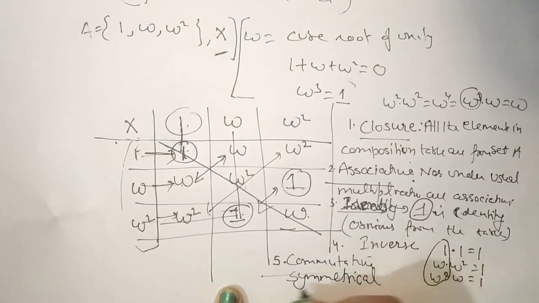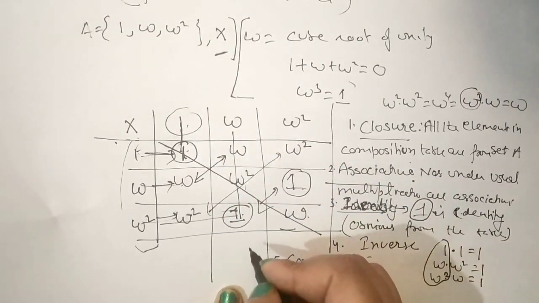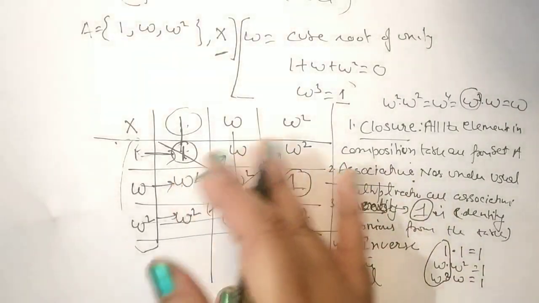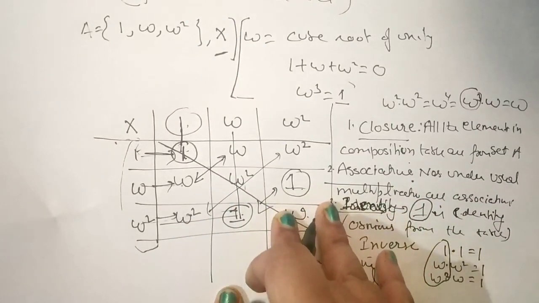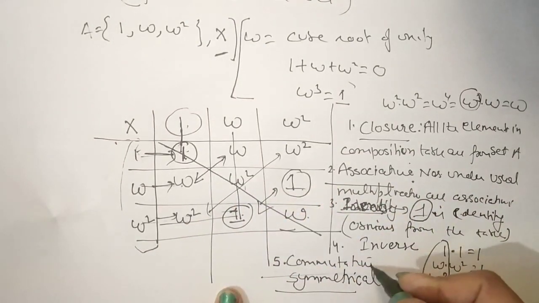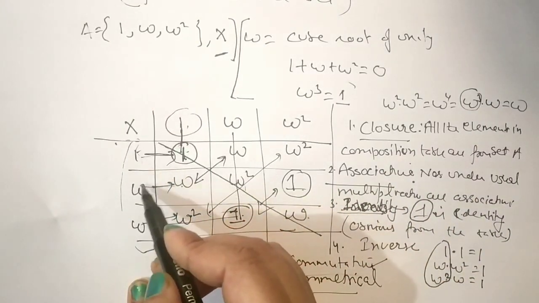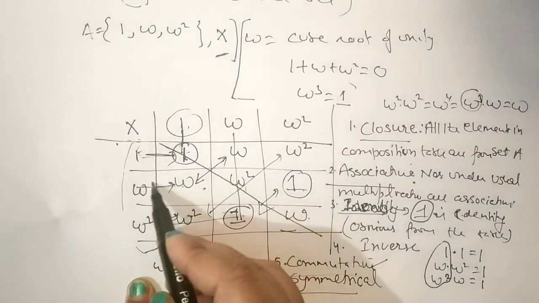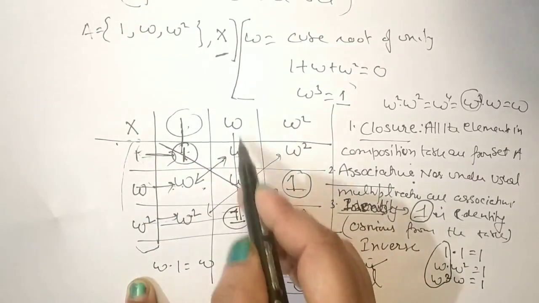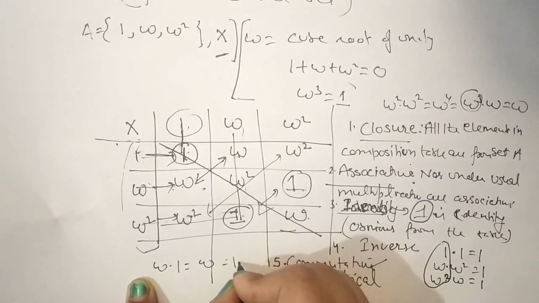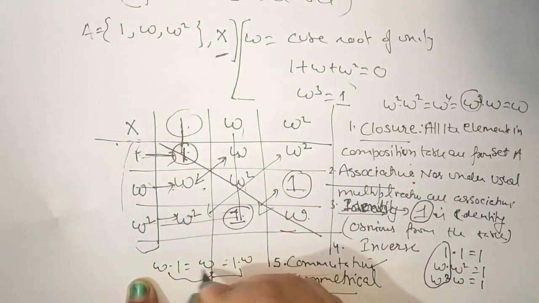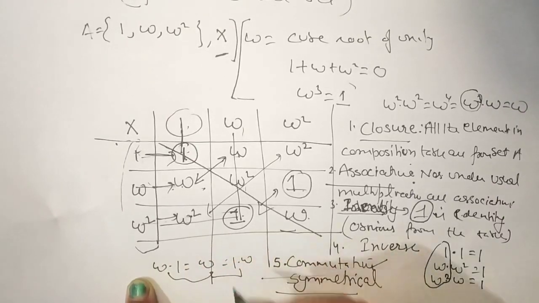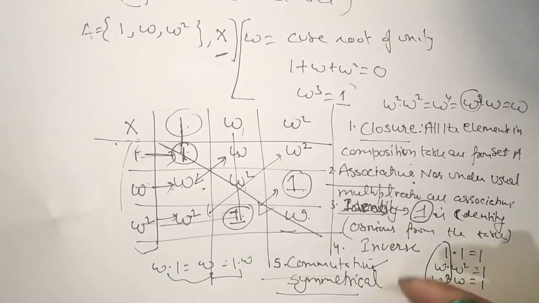If this is a symmetrical matrix, meaning changing the rows and columns does not change the value of the matrix, then the commutative property holds. For this element, omega into 1 is omega, and this element is 1 into omega, so both are equal. Therefore interchanging the values does not change the answer.